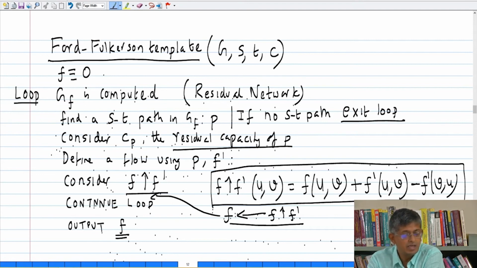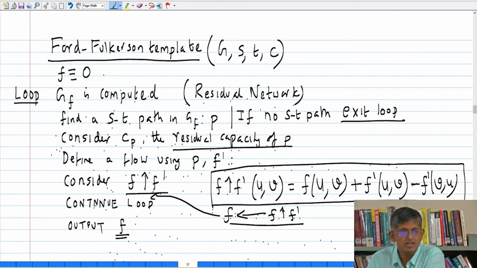If it finds a path from S to T, it will calculate a flow f prime using the capacity on that particular path. And then it will augment the flow f with this f prime as given by this formula. So for every u comma v, you take the flow f of u comma v, add f prime and subtract out f prime of v comma u for every edge.